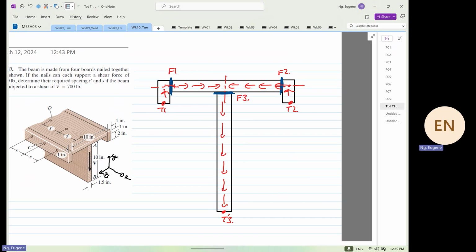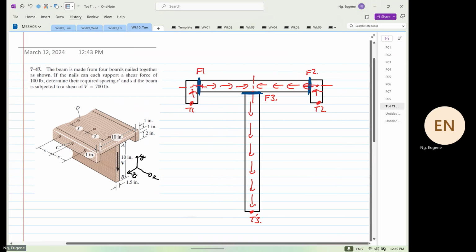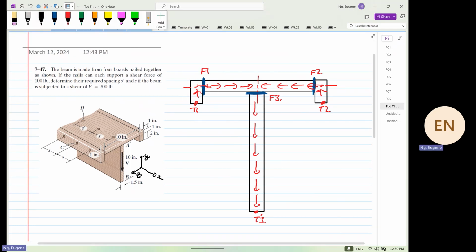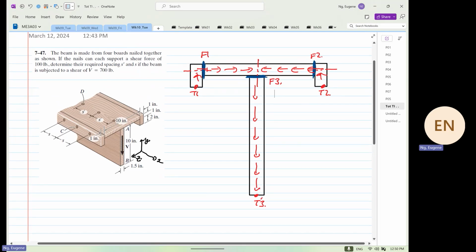Okay, the fact that you know thin web analysis, and you know how the shear flow distributes. Question for all of you: how to determine the spacing of the horizontal nail? We know that the formula that we are going to apply is a very straight formula, very innocent like me, but not so innocent.